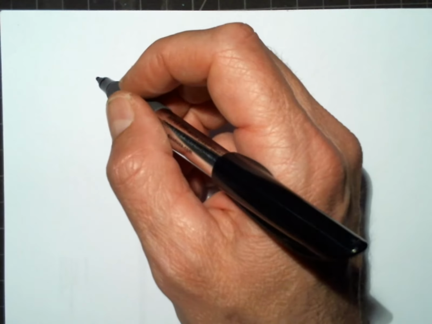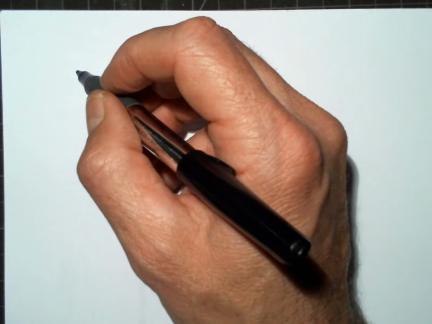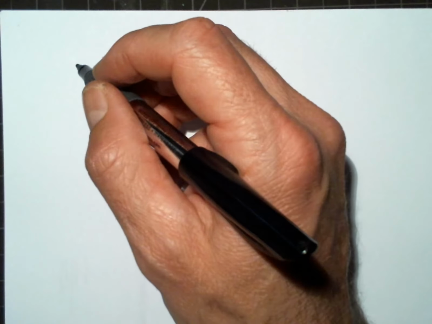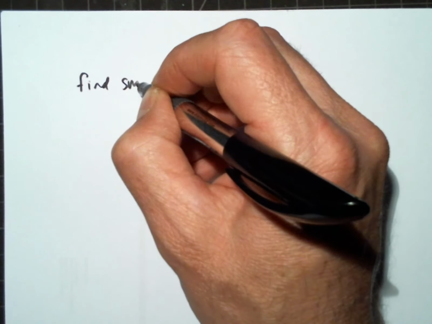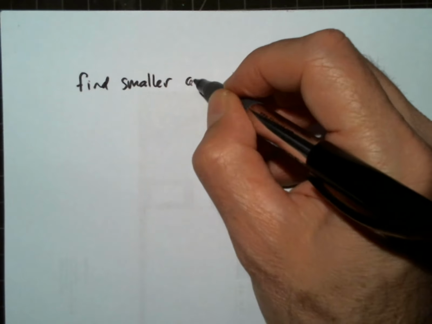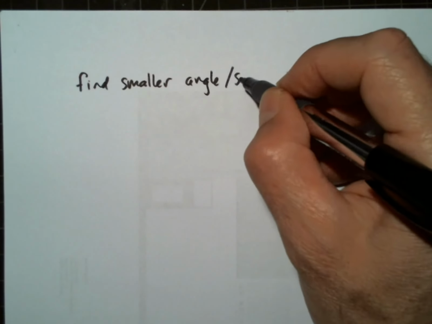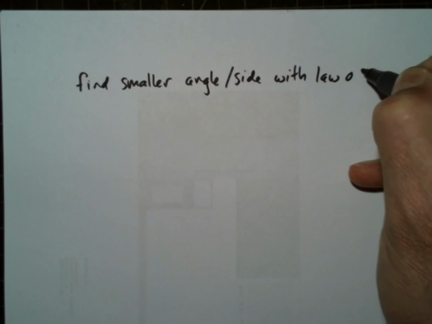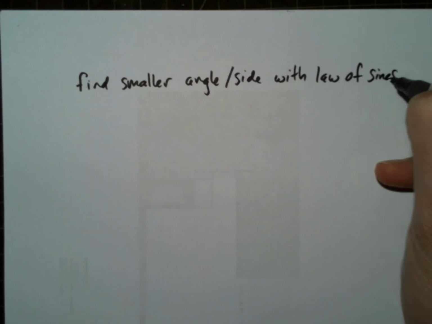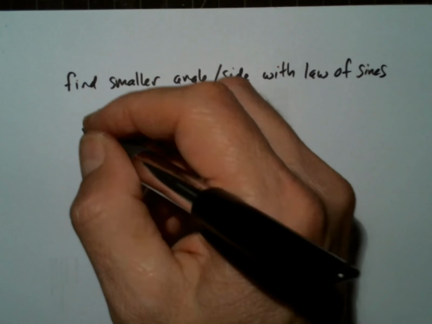And one more rule. When you're solving a triangle, if you have a choice to find two angles, you find a smaller angle or side with law of sines.